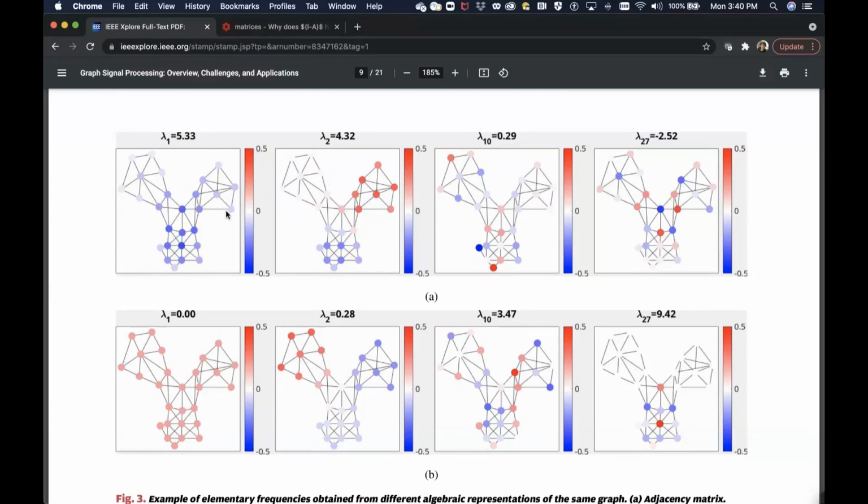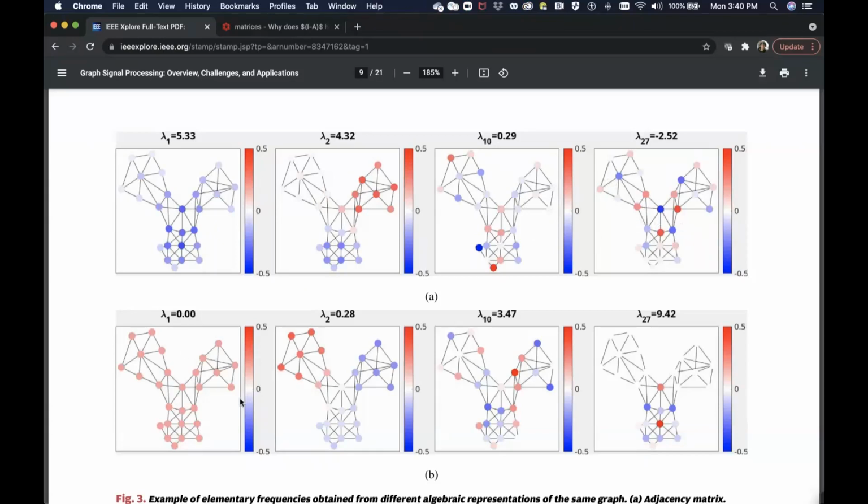Frequency is more general than the traditional case of temporal signals. As you move on, you get a higher degree of variation between the values in the nodes, and that's characteristic of higher frequency.